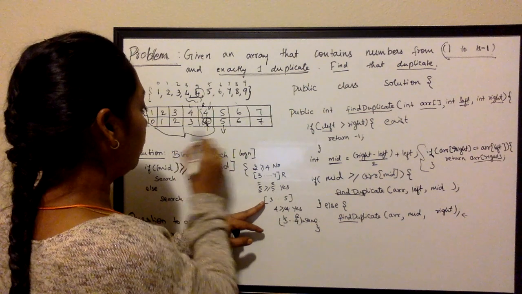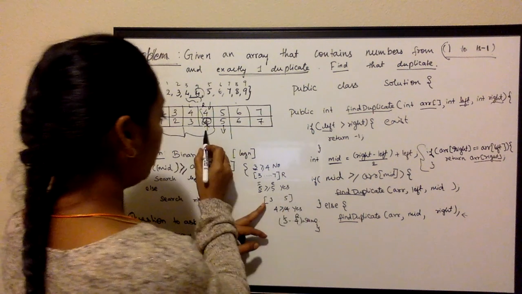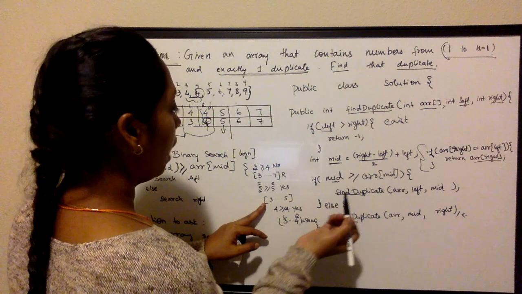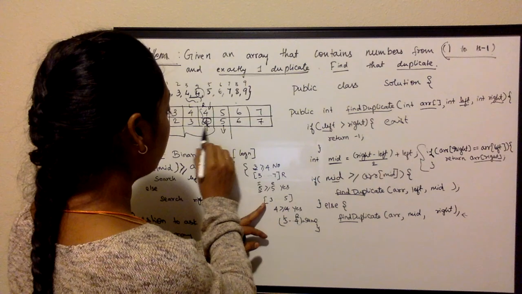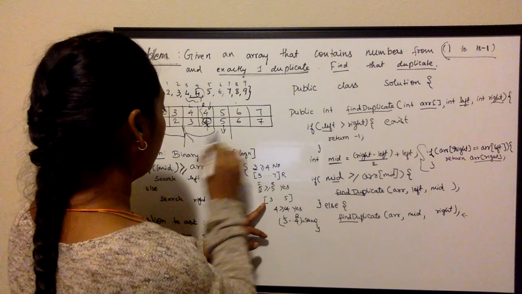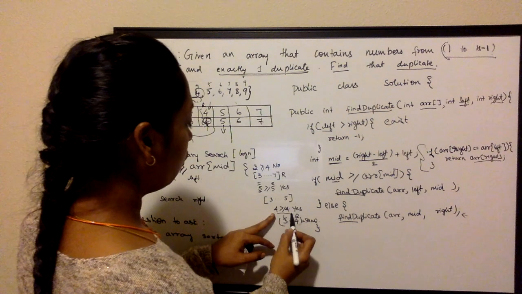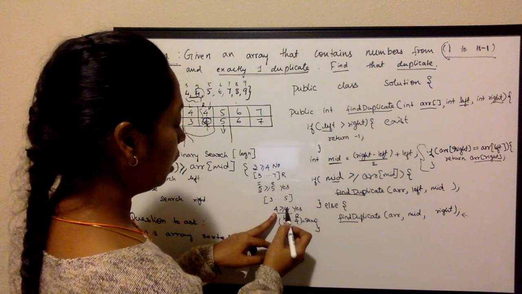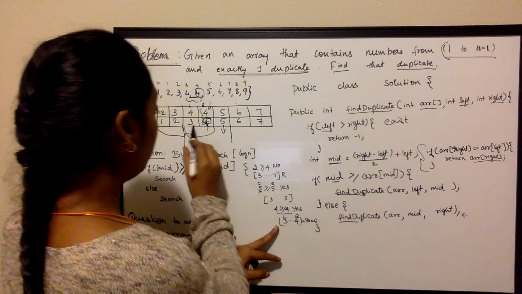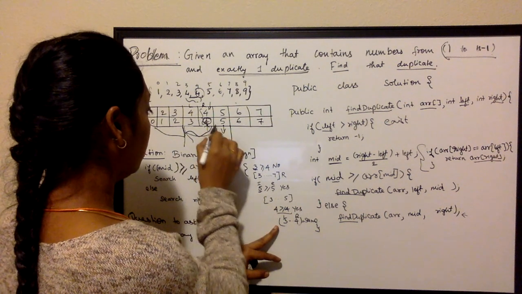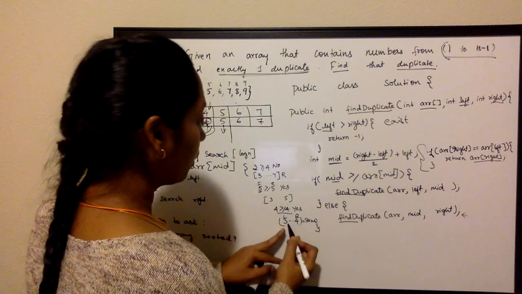Now the range is 3, 4, 5. Within 3, 4, 5, we find a mid element again, and the mid is 4. We check if the index 4 is greater than or equal to the array value. Yes, it is equal. Then we know there is some problem with this first half, that is the 3 and 4 elements.